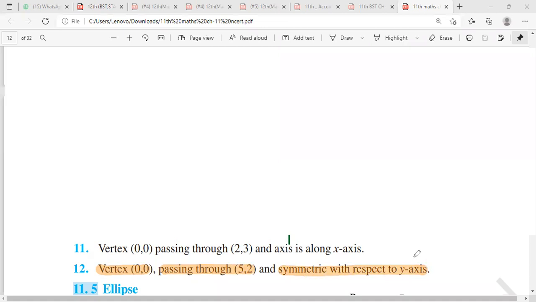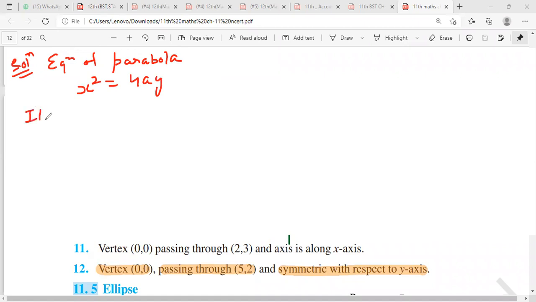It means equation of parabola, that is x square is equal to 4ay.